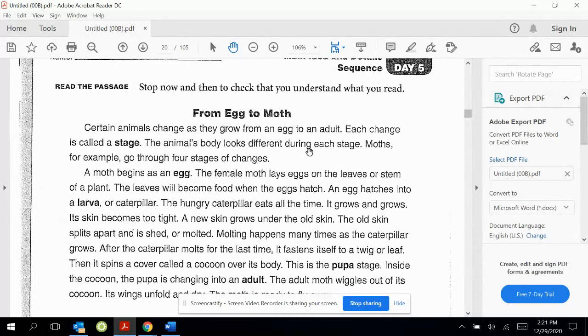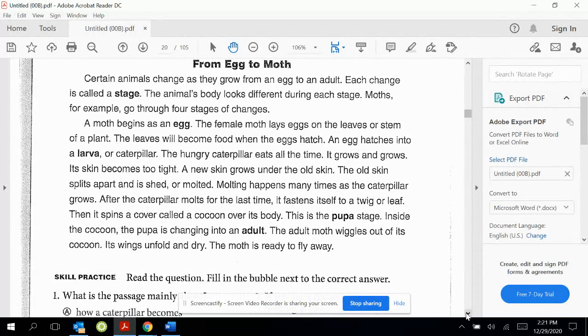So we can stop and we can think about if we understood what we read. Animals change as they grow. They have different stages. Some animals have more stages than others, right? That's what I would say to re-say what we read.